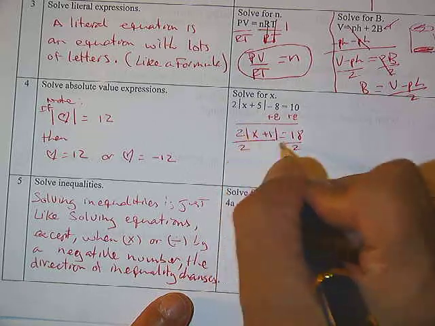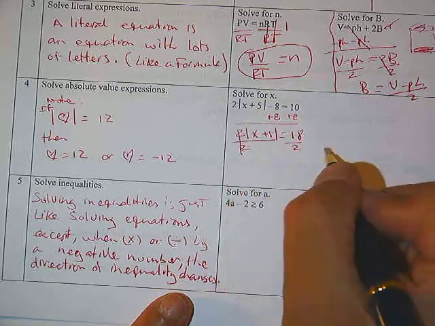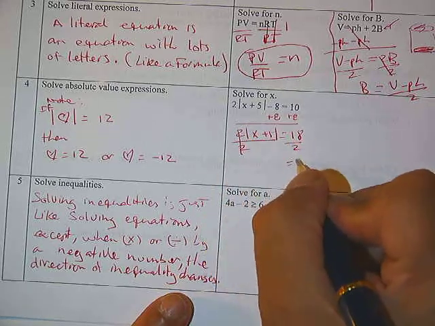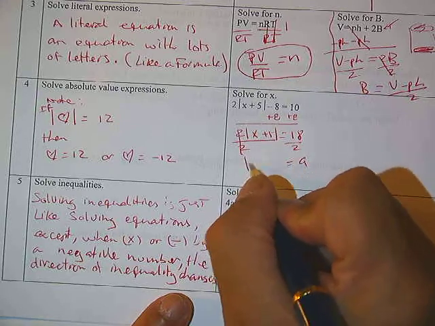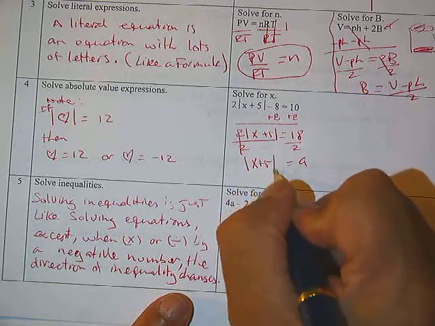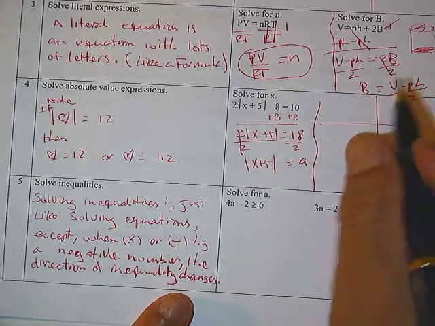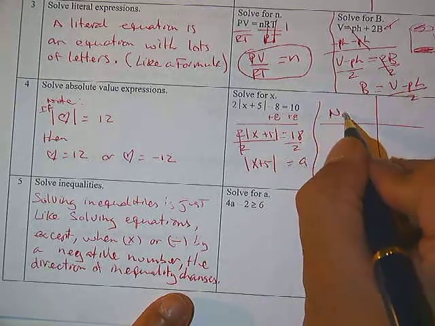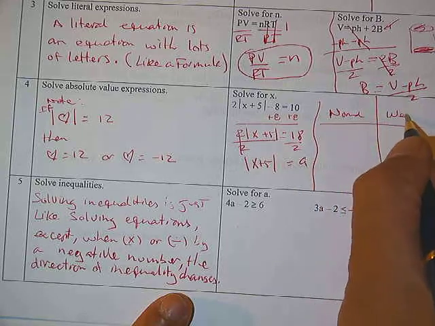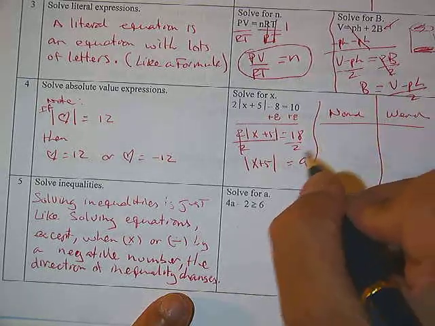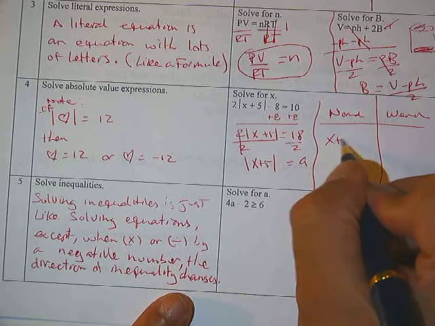Because if that's a negative number, then it's going to throw off everything. It's going to make everything wrong. It's best that you don't distribute the 2. But you can get rid of it by dividing both sides by 2, because it's being multiplied. So 2 over 2 is 1, and 18 divided by 2 is 9. So you have the absolute value of x plus 5 is equal to 9.